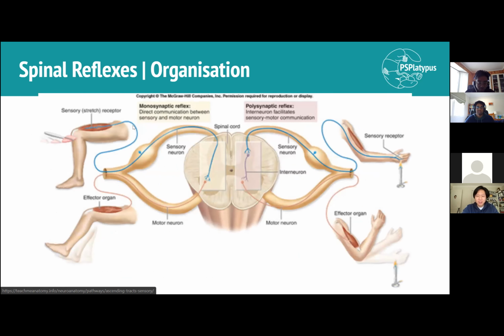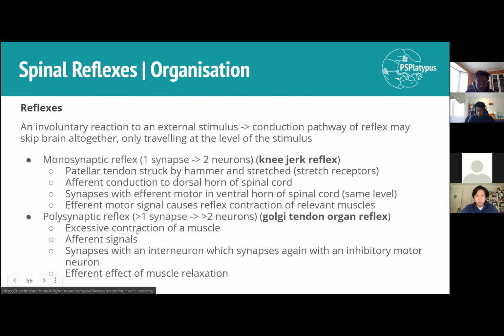So stretch receptors, conduction all the way up to the spinal cord. And at the spinal cord, there's direct communication between the sensory neuron and the motor neuron. And conduction continues from the motor neuron all the way down to the effector organ. I think it's the quadriceps. But it's the same story for any other reflexes, just to the relevant muscles.